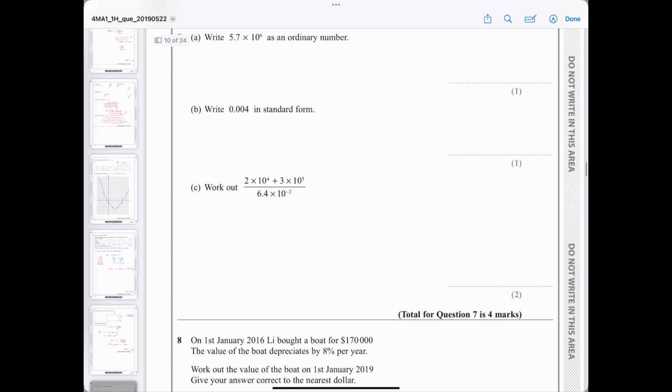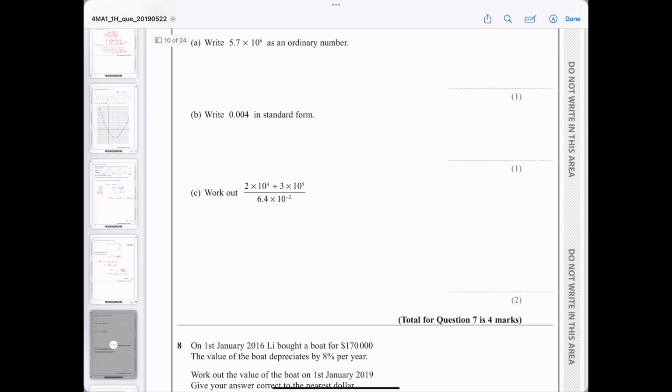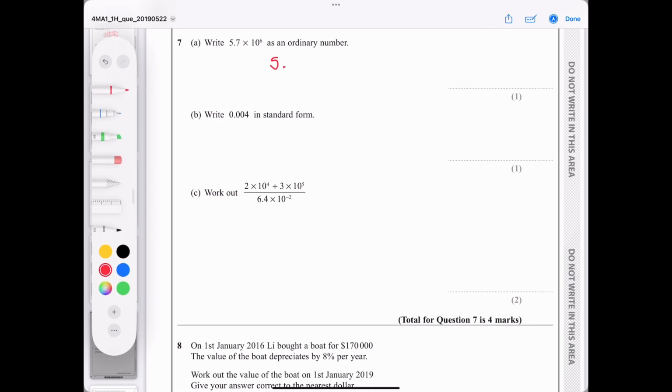Okay, let's have a little look what we've got here. Right, write 5.7 times 10 to the power 6 as an ordinary number. So you're going to do 5.7, and then you're going to put loads of zeros after this.